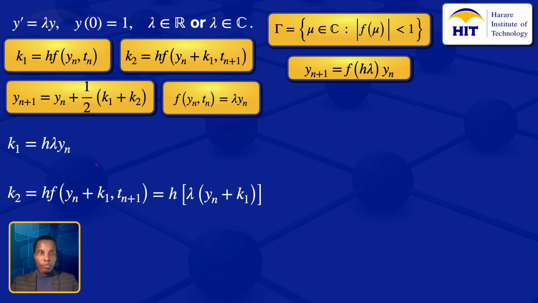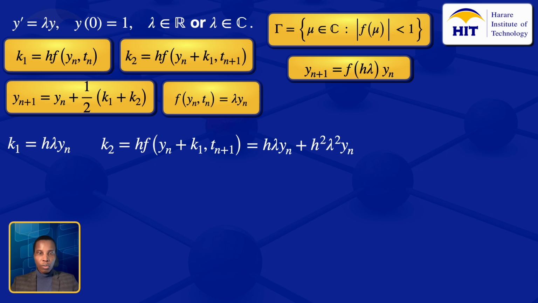But we have the value of k1 as h lambda y_n, and that will give us h multiplied by lambda y_n plus h multiplied by lambda y_n. I can multiply throughout by the h lambda there, so that we have h lambda y_n plus h squared lambda squared y_n. So that's the expression that we have there for k2.